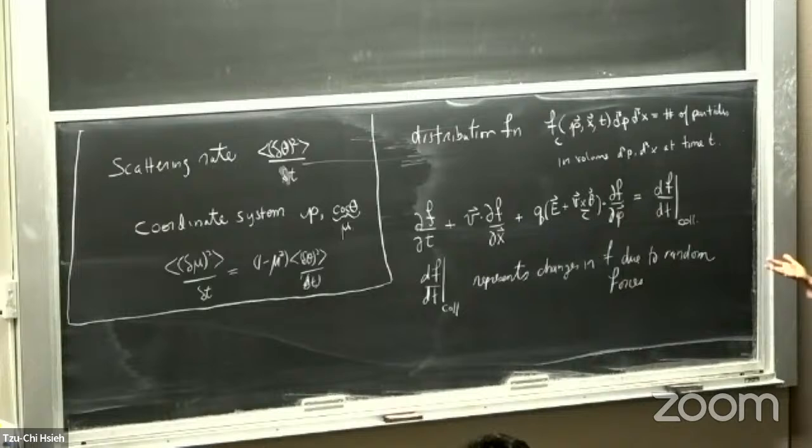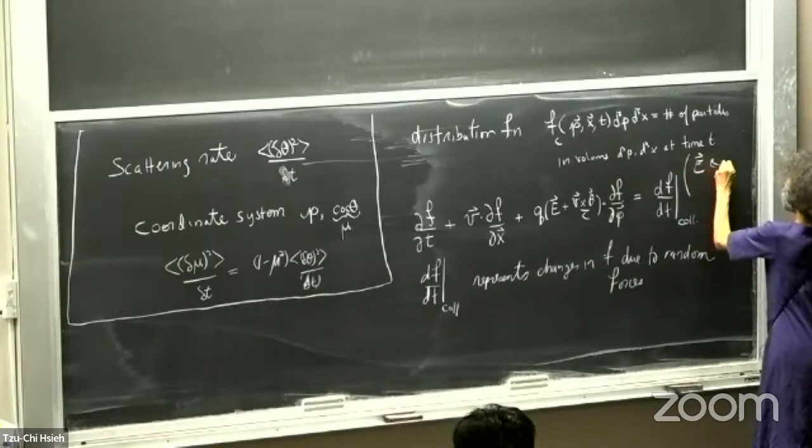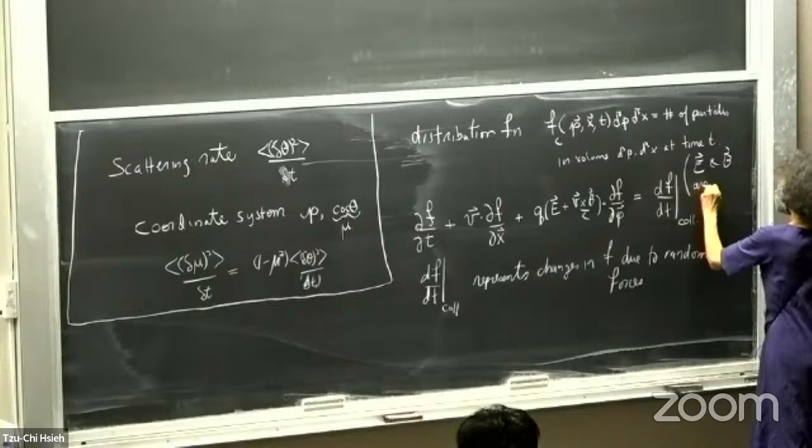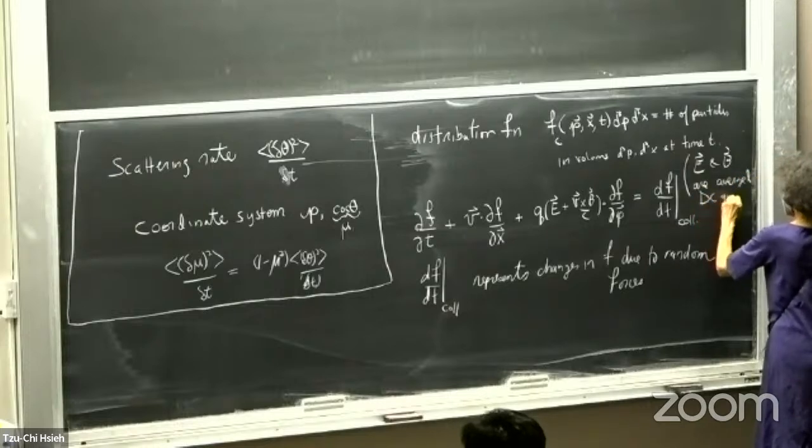And those random forces can be very general. They can be binary encounters with other particles, or in the application we're going to consider here, they're interactions with these magnetic fluctuations that we take to be random. And we're going to assume here that E and B are the average sort of DC quantities.